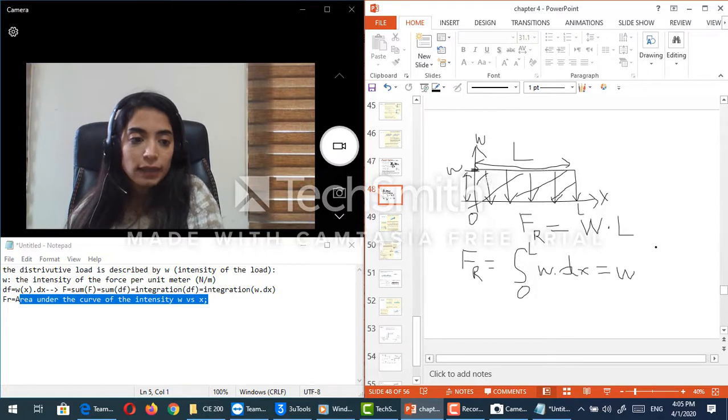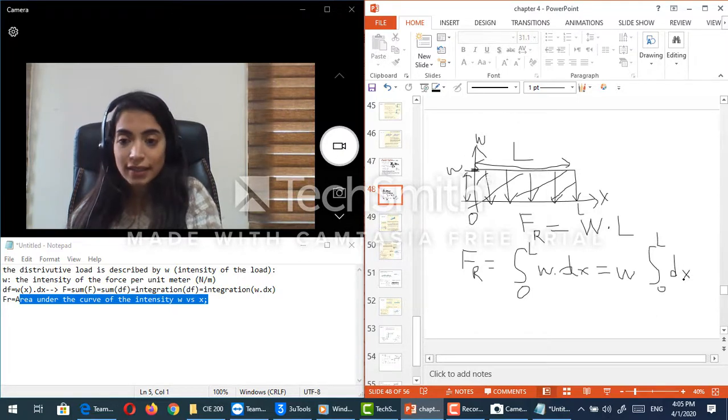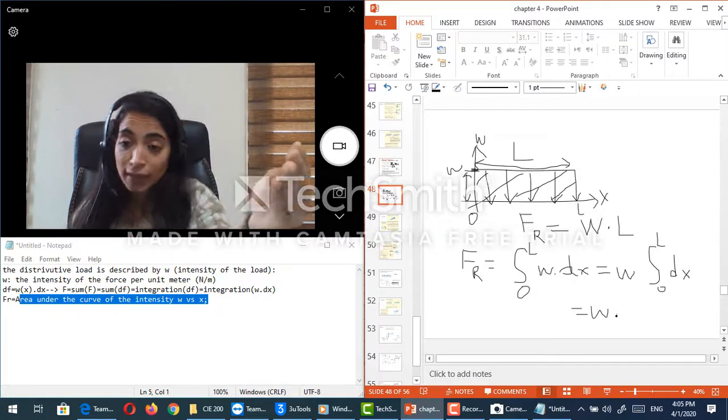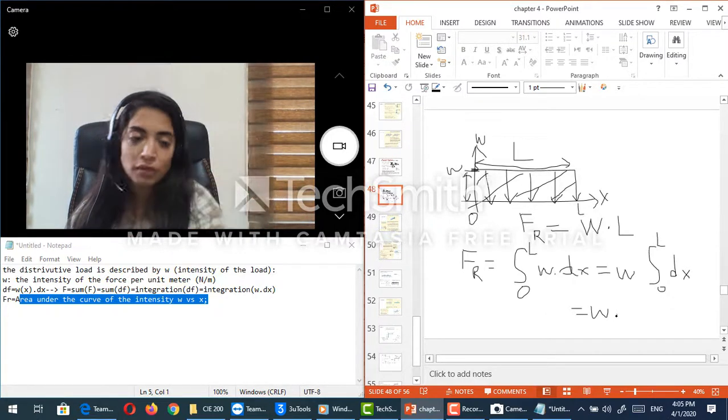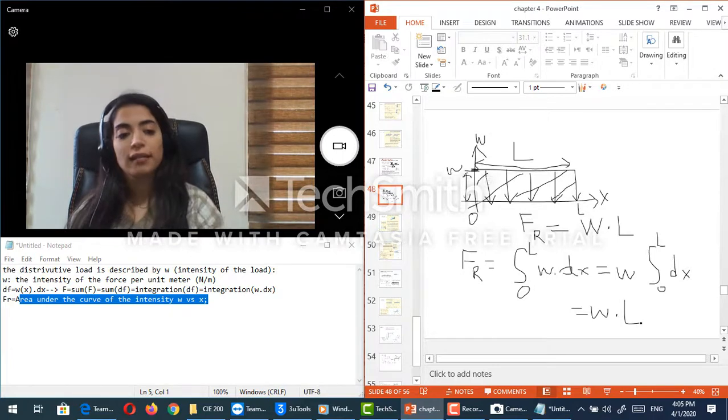Omega times the integration from 0 to L of dx. What is the integration of dx from 0 to L? It is x going from 0 to L, which means L minus 0, and this is L.